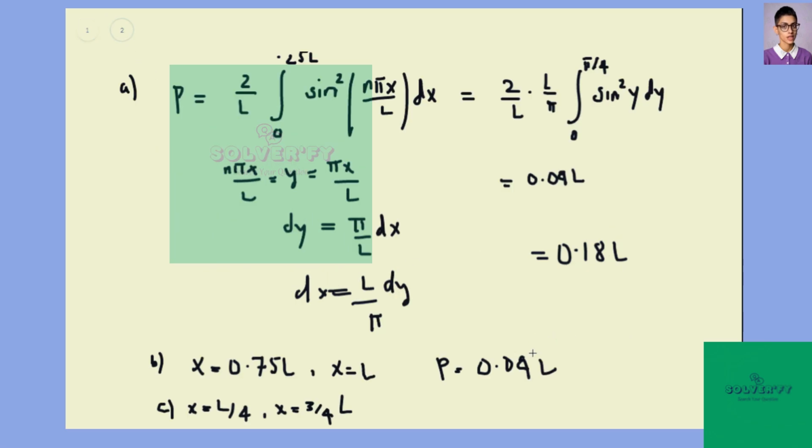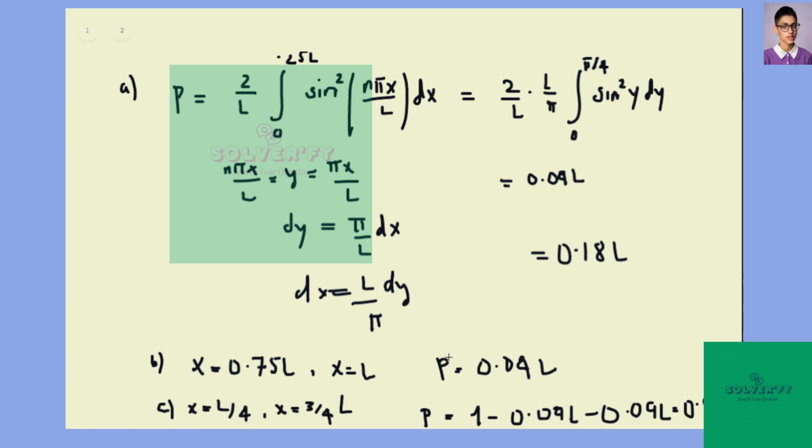So I can simply say that this probability should be equal to 1 minus 0.09 minus 0.09. And what is it? That's equal to 0.82. So again, we have made use of symmetry.